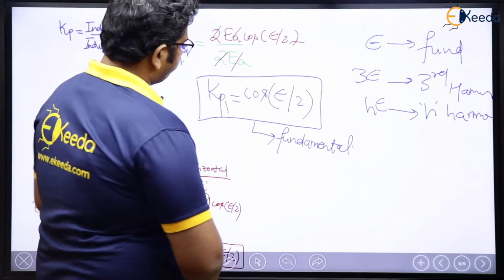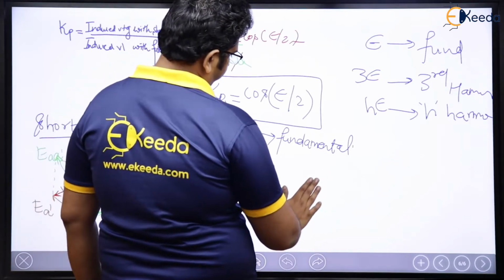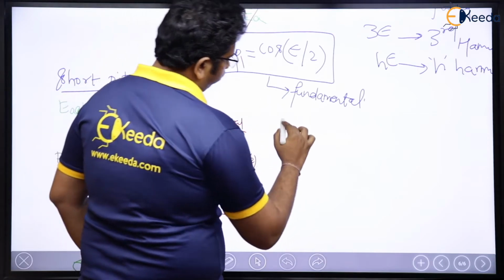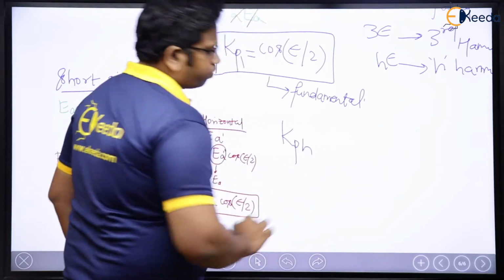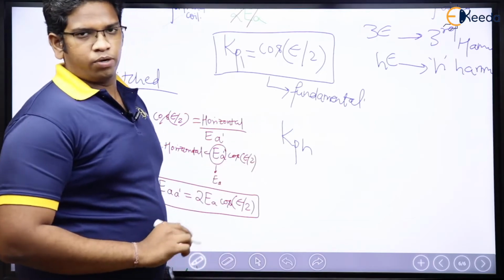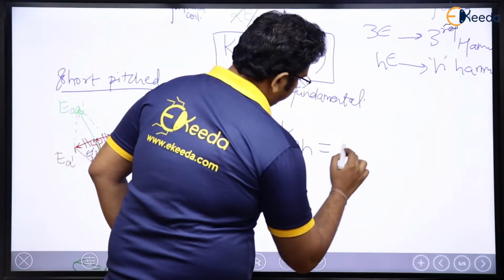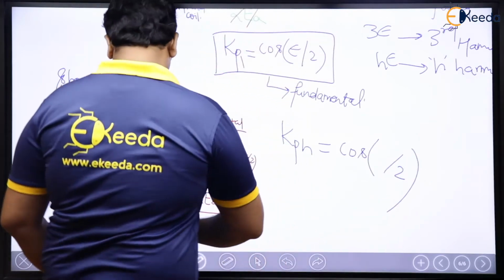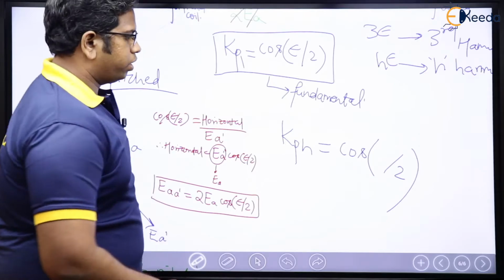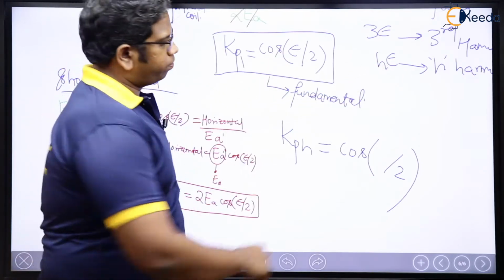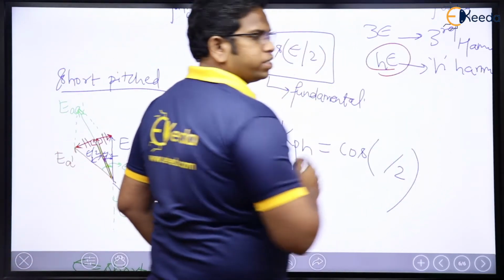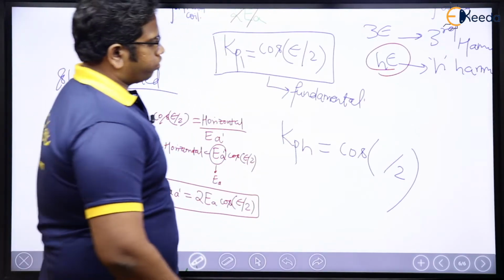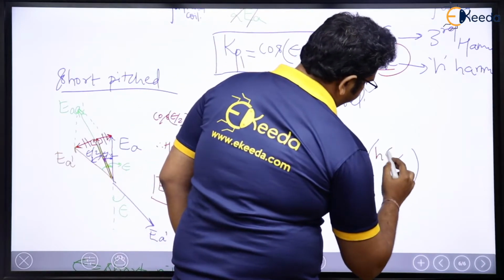So what is going to happen now? If I want the pitch factor for the H harmonic, then how will I get it? Just replace epsilon by H epsilon, because for the H harmonic epsilon will become H epsilon.